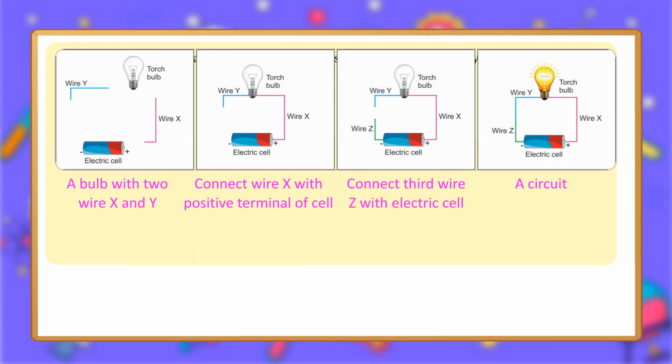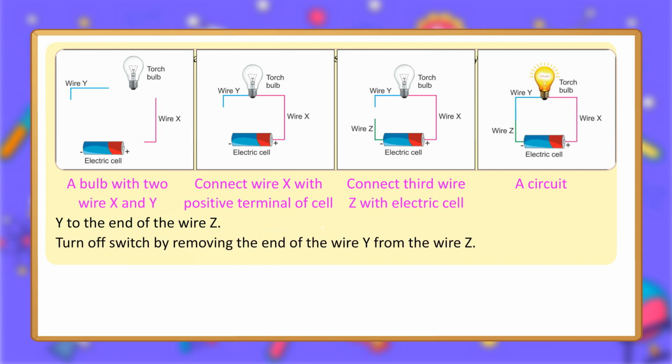A circuit. Touch Y to the end of wire Z. Turn off the switch by removing the end of wire Y from wire Z.